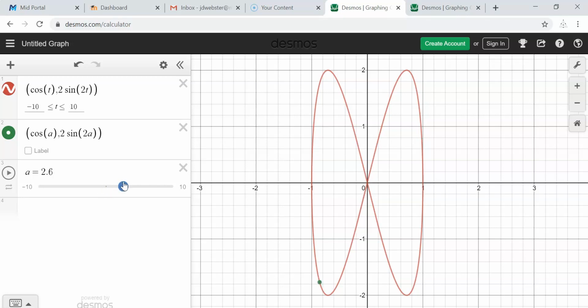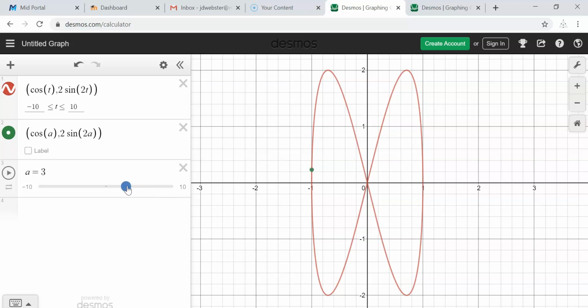When do we get to our next vertical tangent? Well, it's right about when a is pi, and then we come back around, we do another loop, and we get back to our starting point when a is about 2 pi. It's hard to see there, but when a is about 2 pi, you see we get close to the starting point.